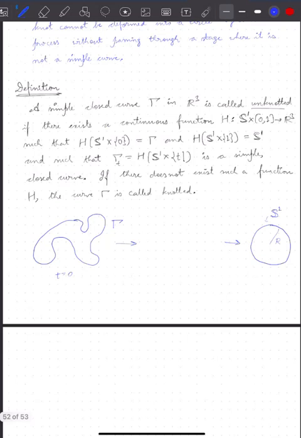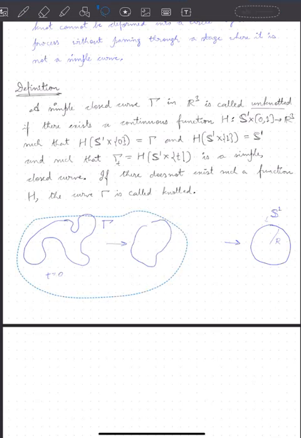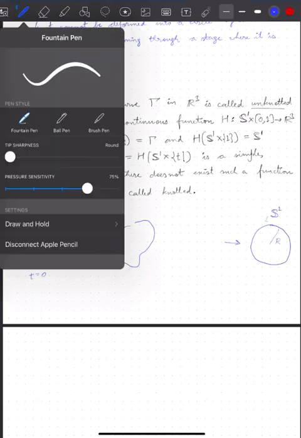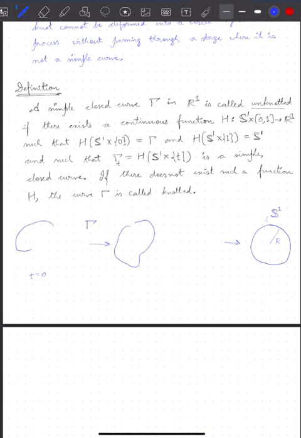So if we can have a mapping from here to here, of course we would want to preserve the arc length. Say after some mapping, we have deformed it like this. And then we make some more deformation, which makes it closer to a circle and then eventually a circle.